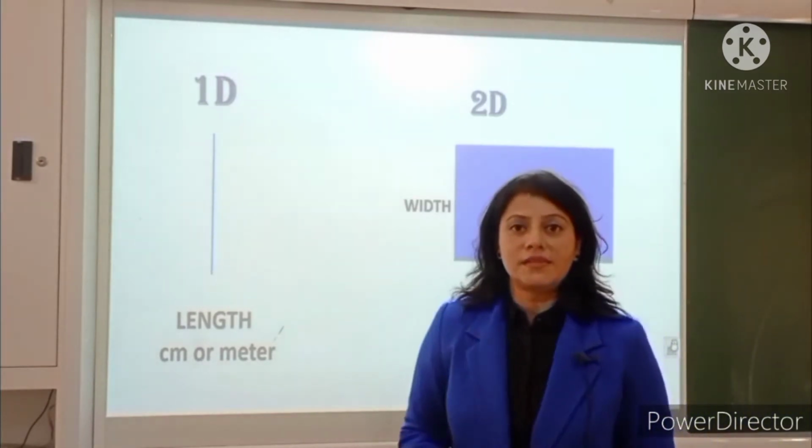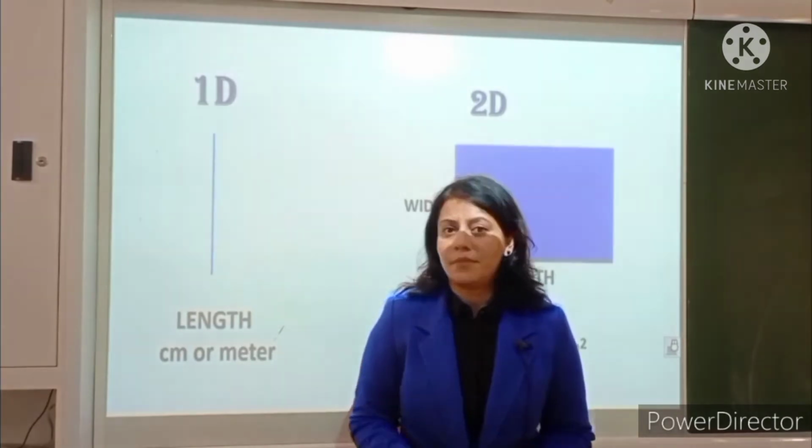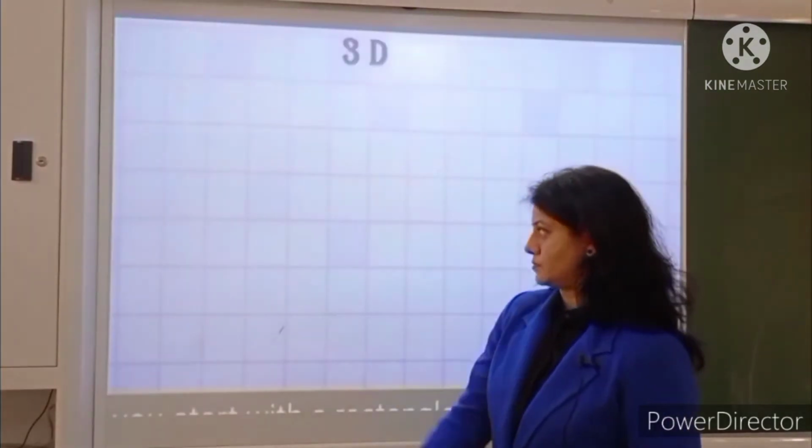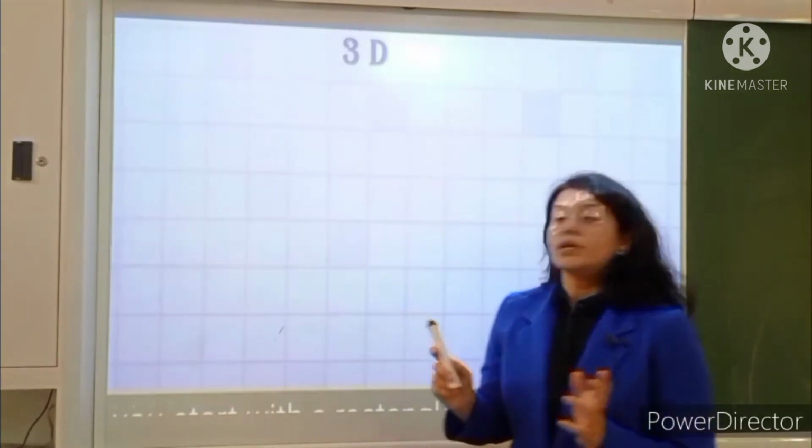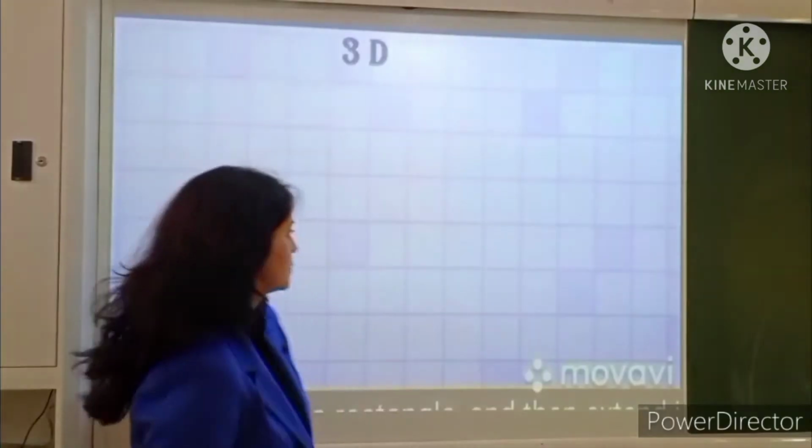Now, let's see how we obtain 3-dimensional shapes. There are many 3-dimensional shapes which are obtained by taking a 2-dimensional shape and extending it along the 3rd dimension. Let's see how.